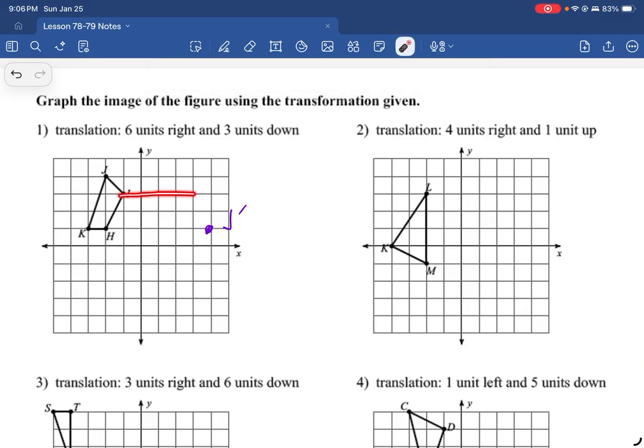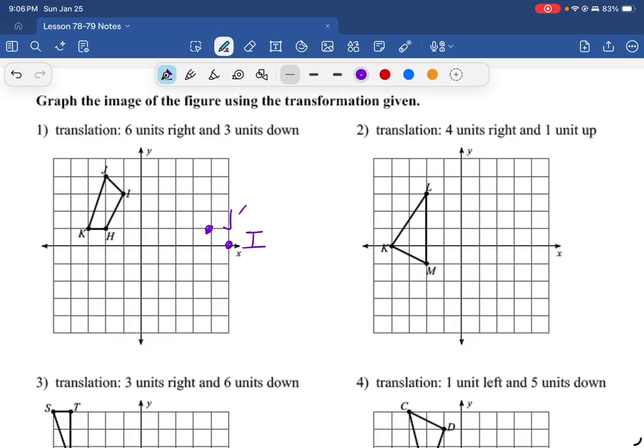Okay, last kind is the one we worked on today, the rotations. So the first one we did was a translation. This one was a reflection. Now we will do an example of a rotation. So that is down here, number 9. I will highlight it.